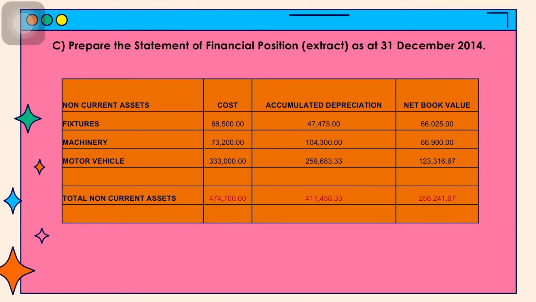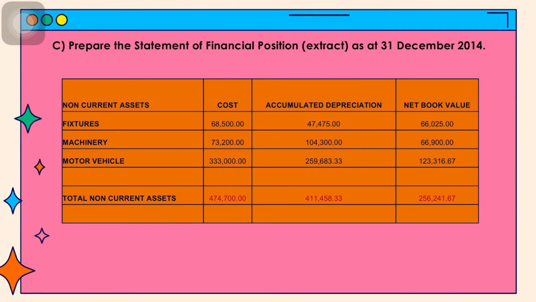For the fixtures, the cost is 68,500, the accumulated depreciation is 47,475, and the net book value is 66,025. For the machinery, the cost is 73,200, the accumulated depreciation is 104,300, and the net book value is 66,900.